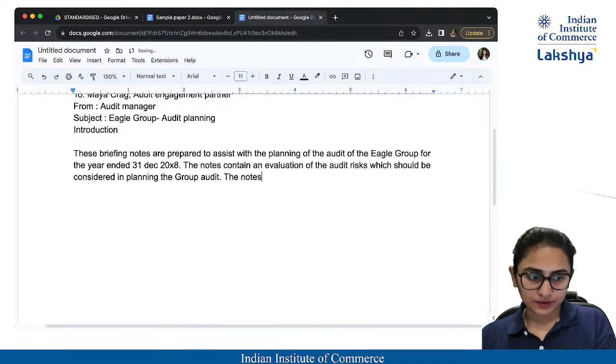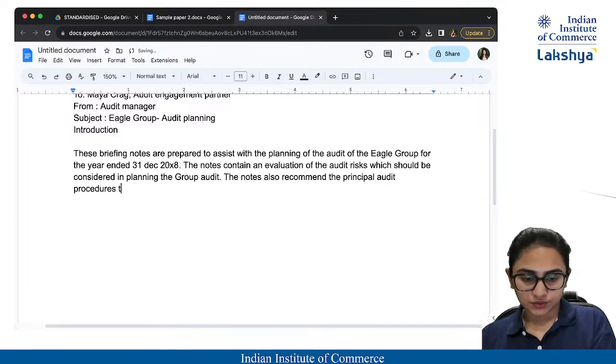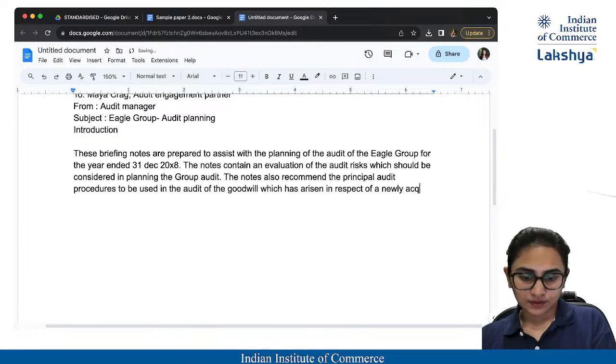The notes also recommend the principal audit procedures to be used in the audit of the goodwill which has arisen in respect of a newly acquired subsidiary.